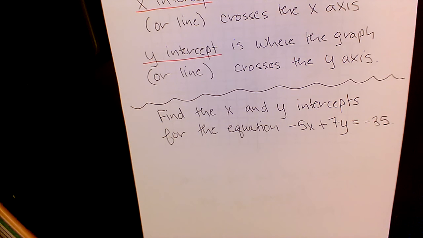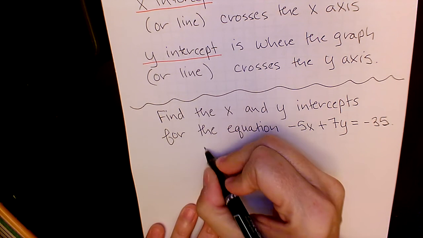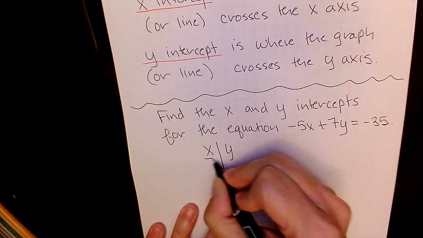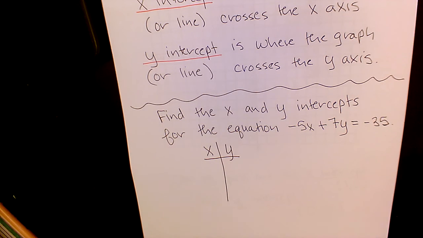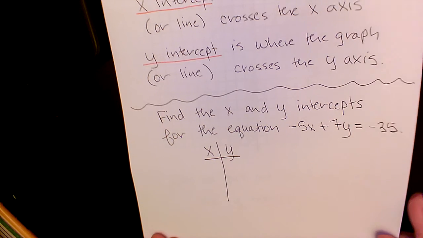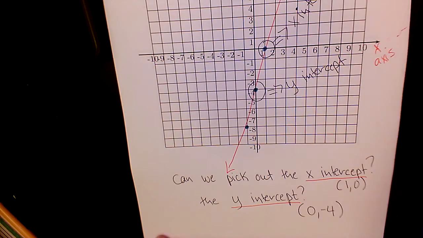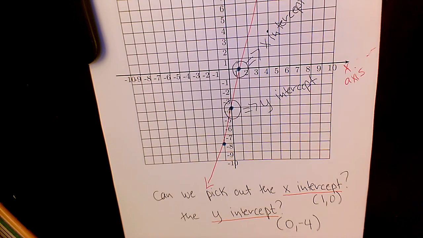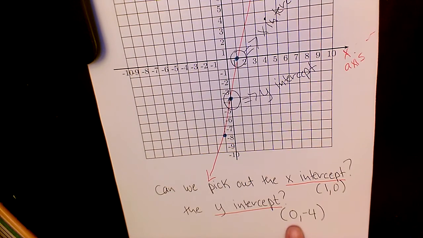So the easiest way I know to do this is to make a table. And just going back to the picture, what did we notice about the y-intercept? If the first piece, or the x-coordinate, was 0, right?